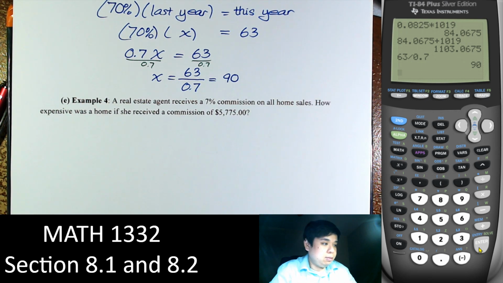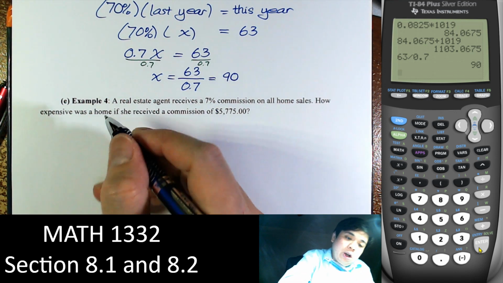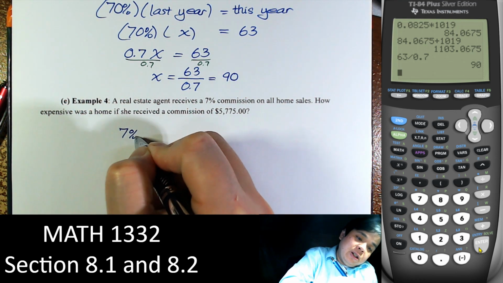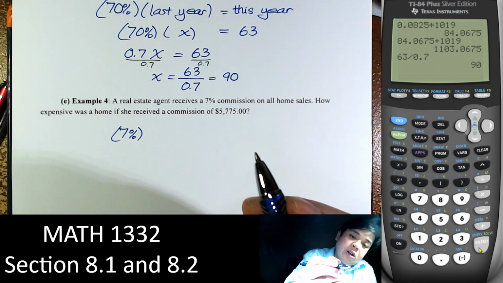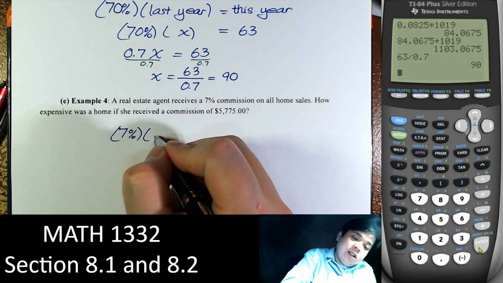Right. Now, a real estate agent receives 7% commission on all home sales. How expensive was a home if she received a commission of that much? So 7% commission of actually the price of the home. So just say it, the sale price, just sell.